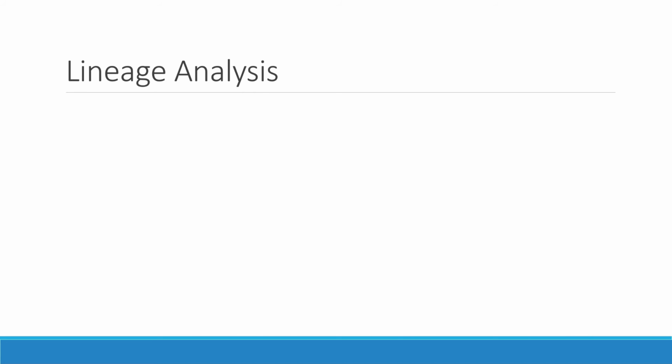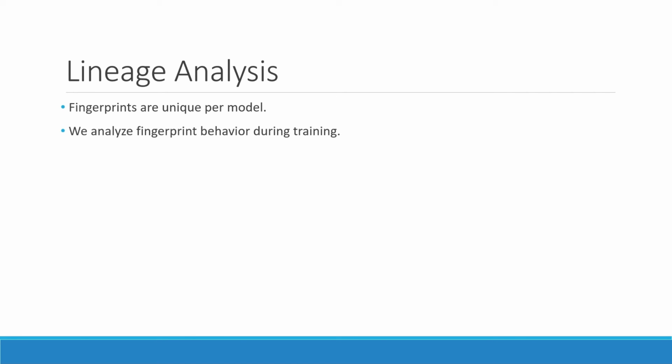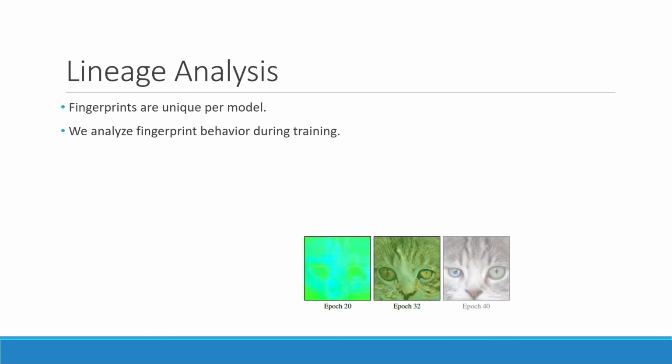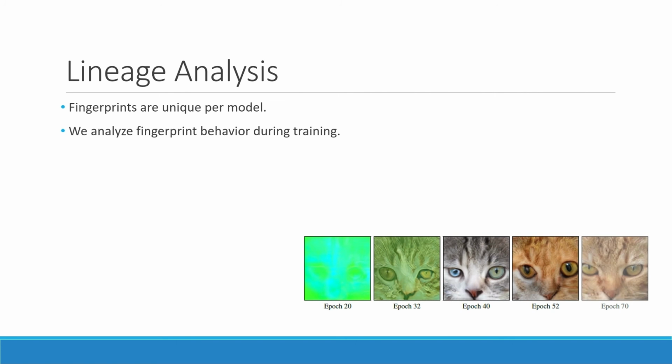Recall that fingerprints are unique per model. At this point, we want to check the behavior of the fingerprint during the training of an image generator. To do so, we simply train two ProGAN models on cat images. Here is an example of the progression. As you may see, after epoch 40, the image quality is basically high, so we consider this model converged.